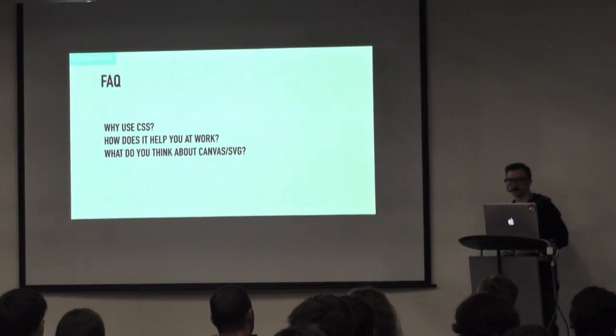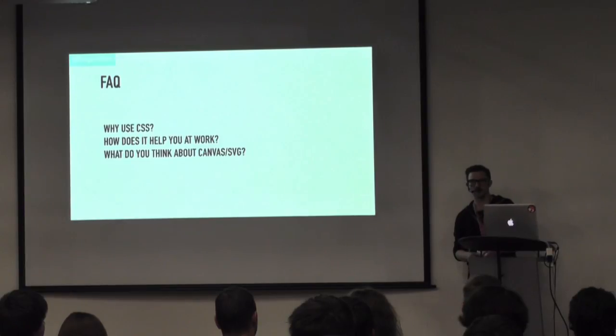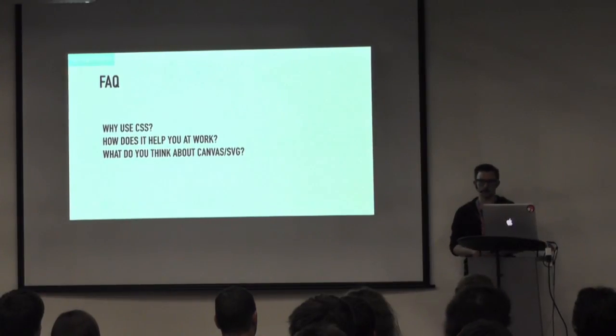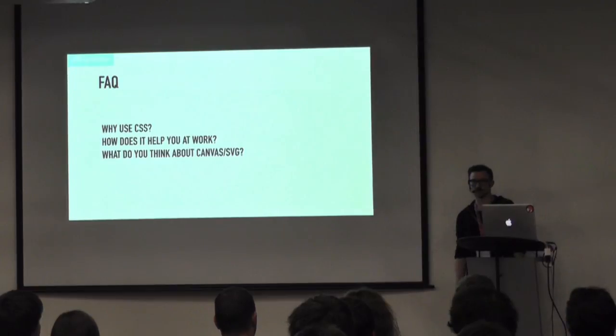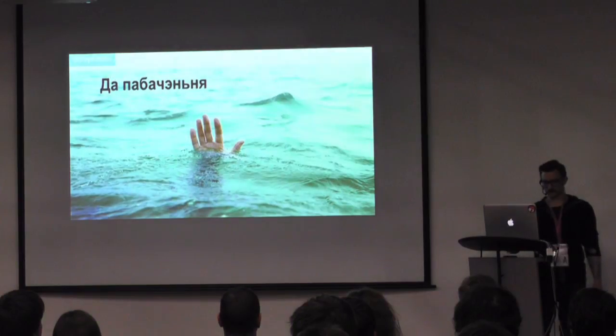Like, you can't animate the path of an SVG, but you can do that with the clip path and CSS. So in those cases, I'm actually using CSS. But as soon as that gets implemented, I will be switching to SVG immediately. And yeah, that's basically it.